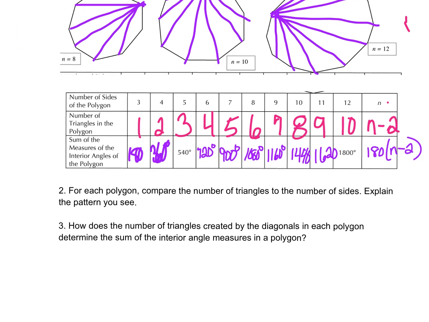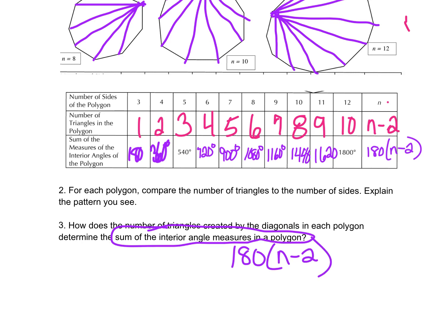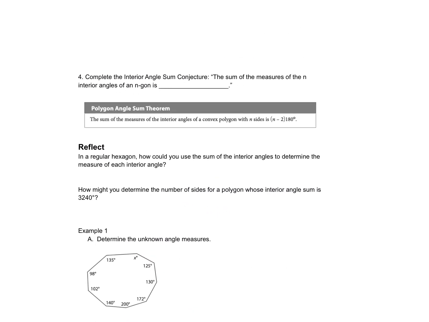And that's what these questions are. Compare the number of triangles. Well, there's 2 less. How does the number of triangles created by the diagonals in each polygon determine the sum? So the sum of the interior angle measures in a polygon follows this formula: 180 times n minus 2, the number of triangles inside it. All right, and so here we go.